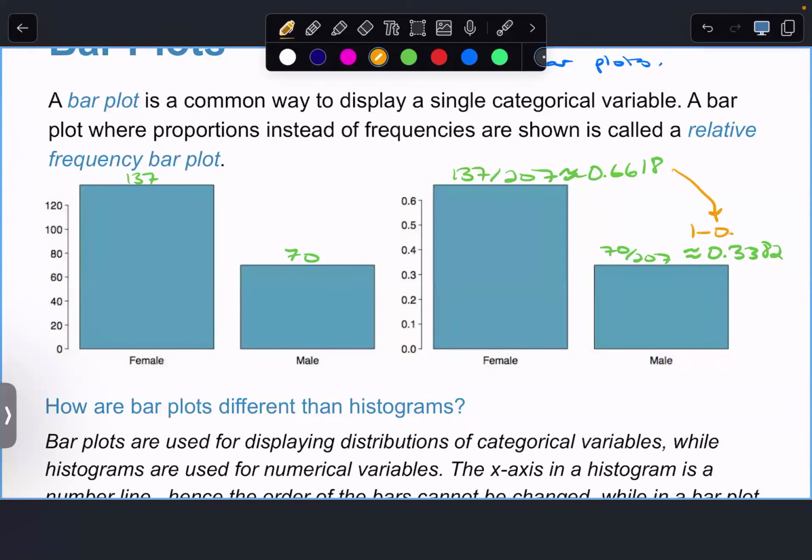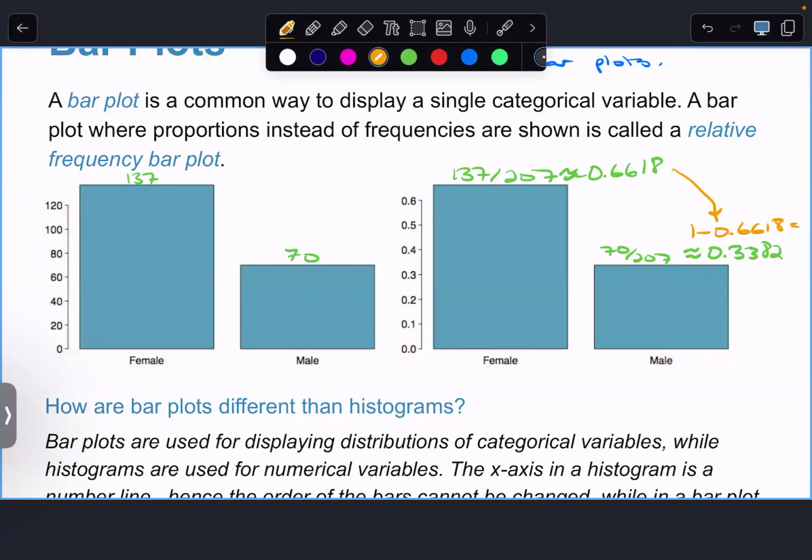Or if you do 70 divided by 207, I get 0.338164, blah, blah, blah, which would round to 0.3382.